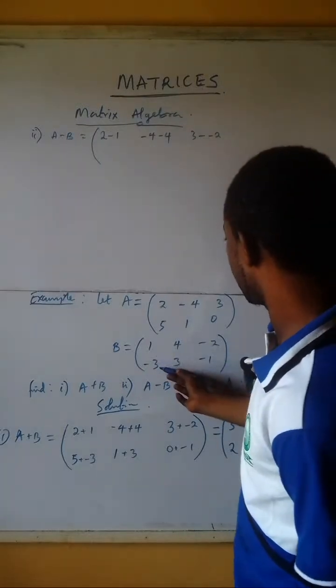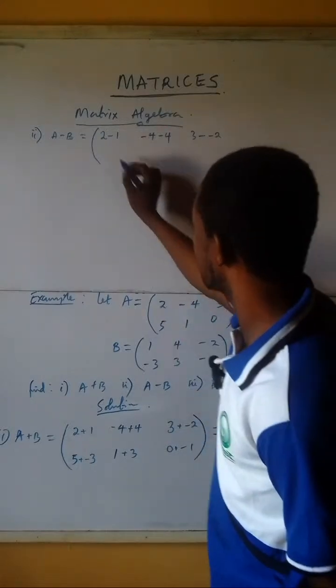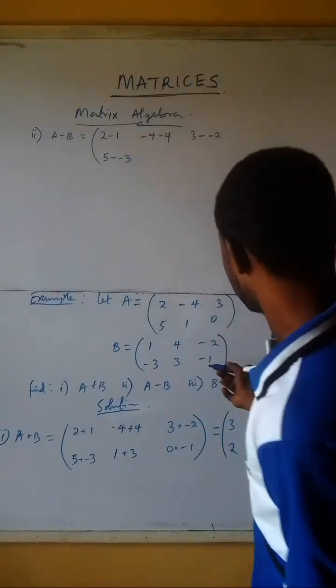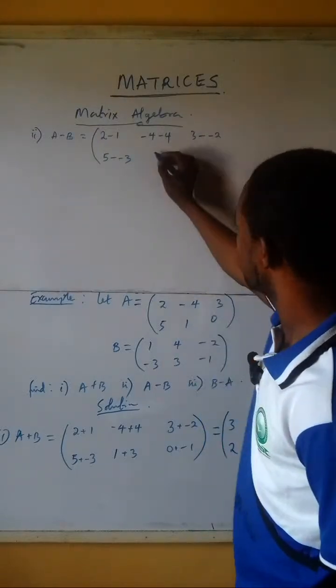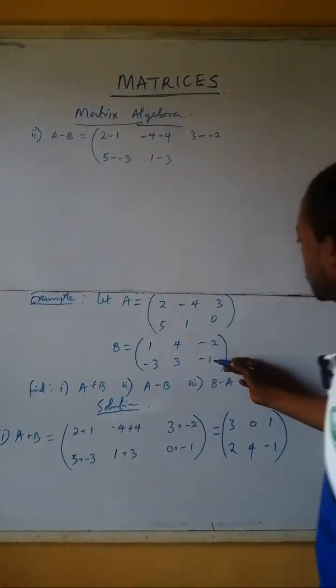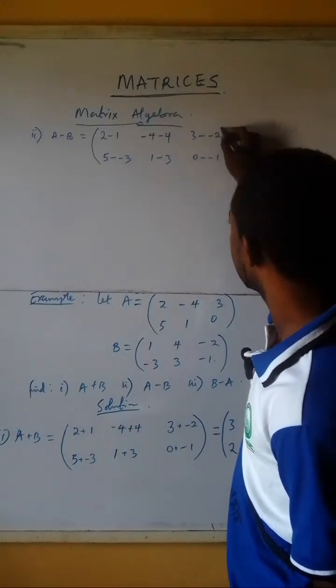The next line, we have 5 minus minus 3, then 1 minus 3, then 0 minus minus 1.